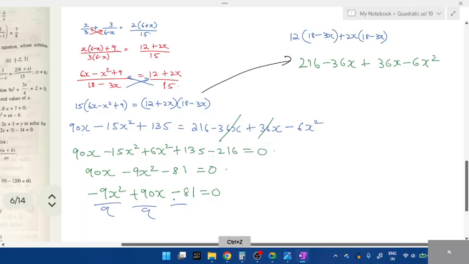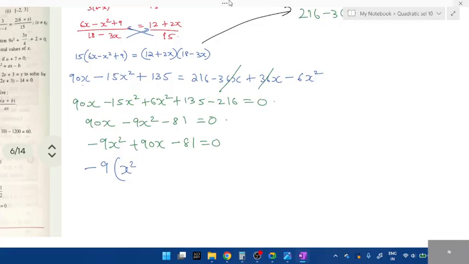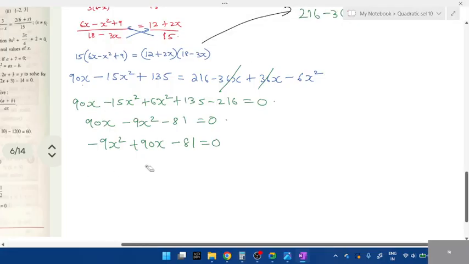Those who know this method, do it. If not, look at this: take minus, first sign minus, 9 common, students. What's the remainder you get? X square. I'll take minus because the first one shouldn't be negative, it should be positive.